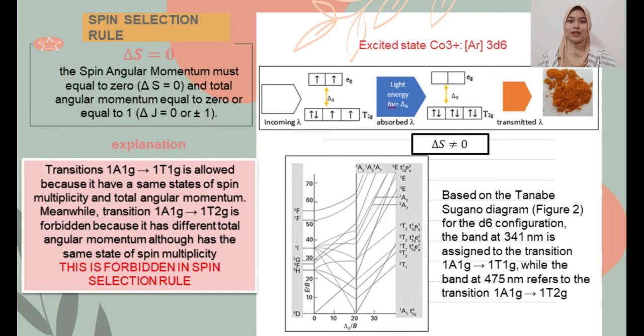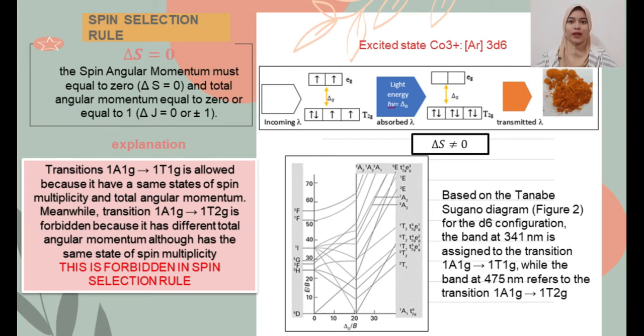Based on the Tanabe-Sugano diagram for the d6 configuration, 341 nm is assigned to a transition of 1A1g to 1T1g.